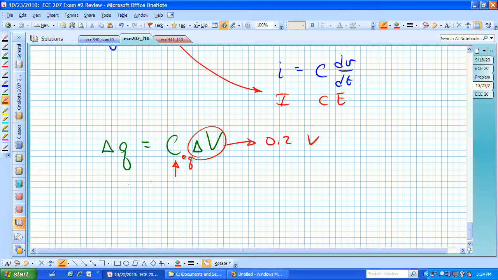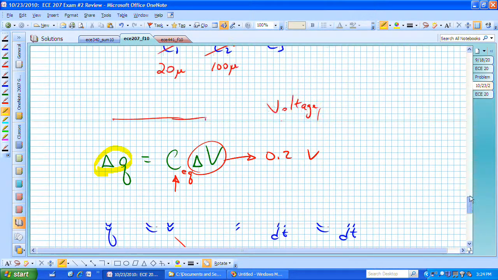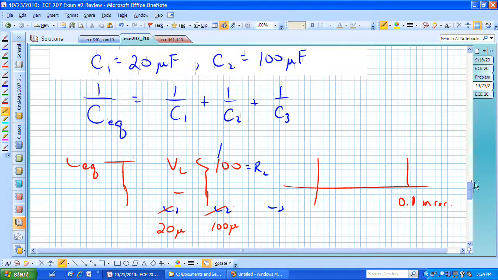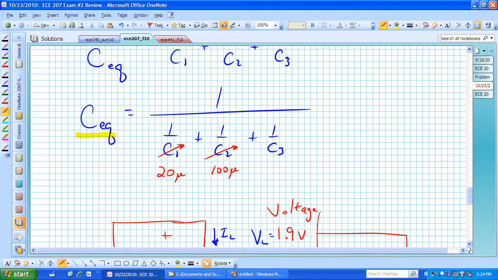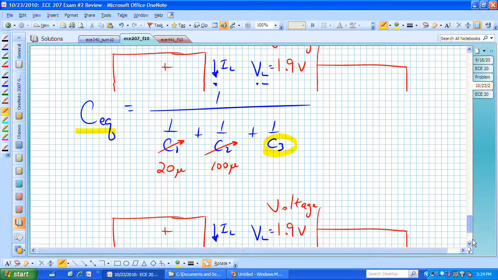But now, if we could find this delta Q, then we could solve for C equivalent, and use that in this expression to solve for the only unknown, which would be C sub 3.